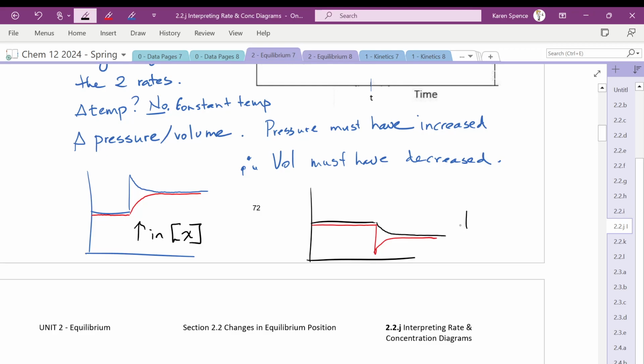This would be a decrease in the concentration of something. The difference in the graph is which ones have no spikes? Well, this has a spike. Only one of the rates spikes.